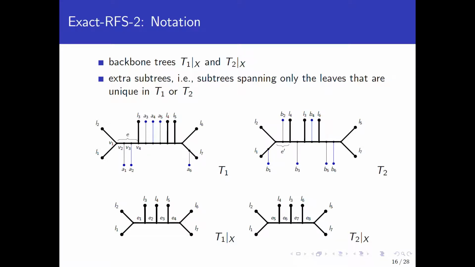Let's take a look at the example here. So the backbone trees of T1 and T2 are highlighted in bold, and the extra subtrees are painted in blue. Even though the extra subtrees A1 to A6 and B1 to B6 are shown as leaves here, they can actually represent complicated subtrees.